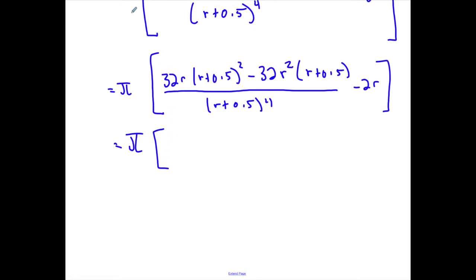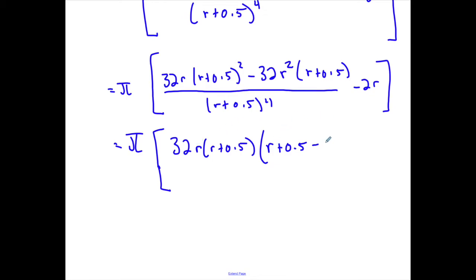So let's take out the GCF. I'm going to blow my bracket out just a little bit so that I have more room. Notice that these both have a 32r in them. They also both have an r plus 0.5 in them. So if I factor out 32r, r plus 0.5, all that's left is r plus 0.5. You can imagine taking all of this and distributing it in.